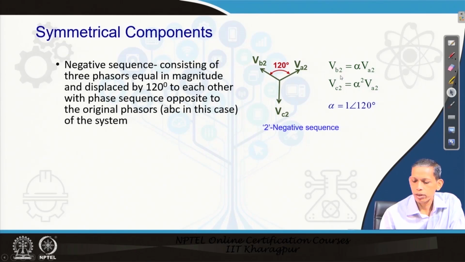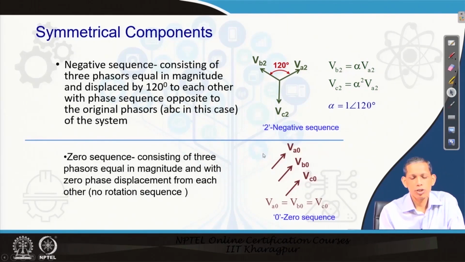If we represent VB2 and VC2 in terms of VA2, then from VA2 going 120 degrees we get VC2. Therefore, VB2 equals alpha VA2 and VC2 equals alpha squared VA2, with alpha being 1 with an angle of 120 degrees. Next, we go to the zero sequence. This is something different.